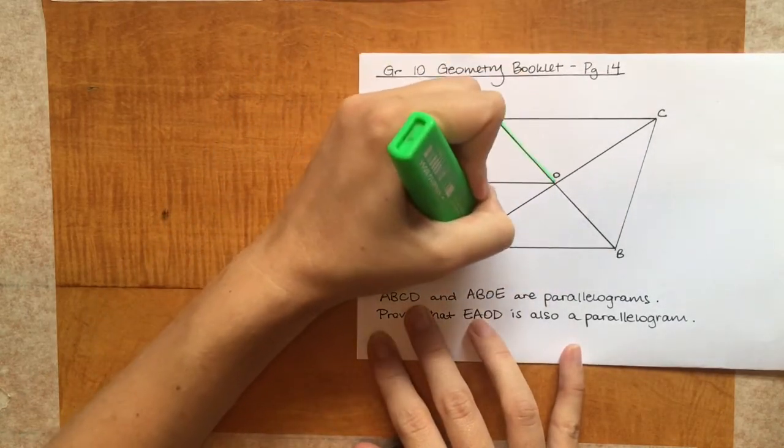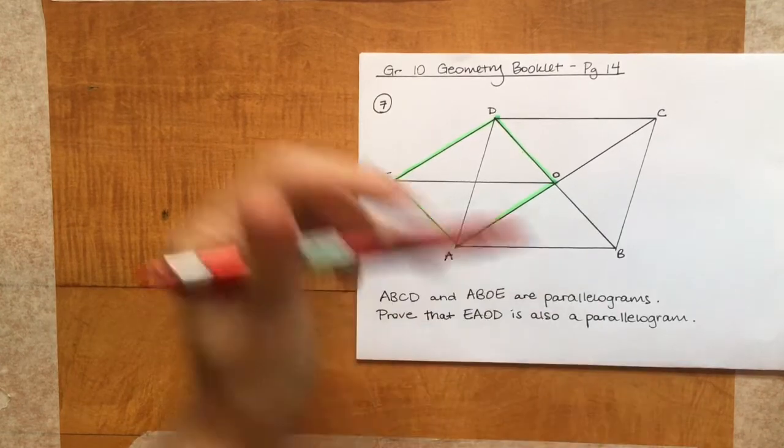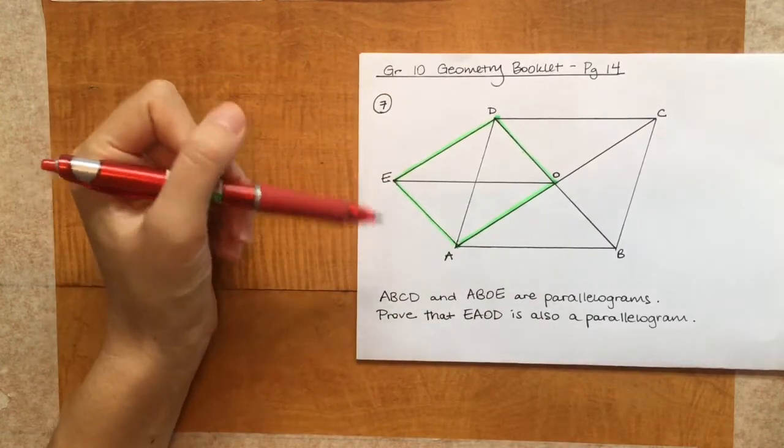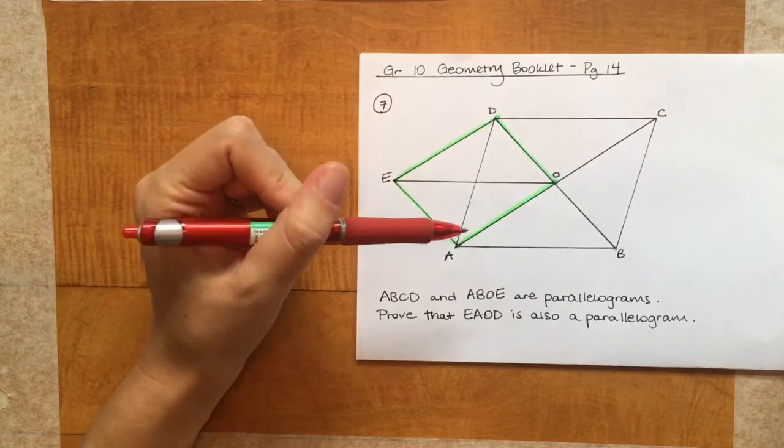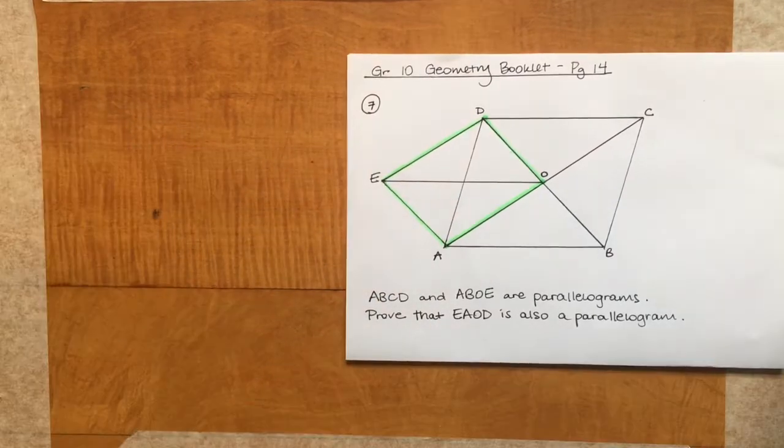This is the one that we're interested in. And we also are given 2 other parallelograms that we're going to work with. You could highlight those, but I just find it gets a bit complicated with all the colors. So let's rather use another pen in a different color to draw the properties of those parallelograms and see what we can figure out.